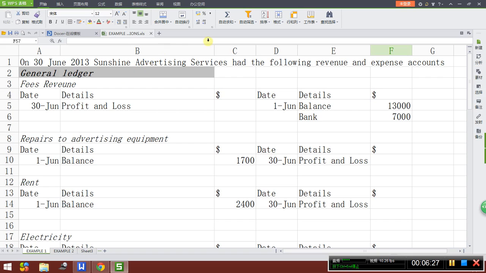This part is a journal ledger. The revenue is named fees revenue. So the balance plus the bank total is 20,000. So in there, I put the profit. It belongs to the profit, so I also put 20,000.